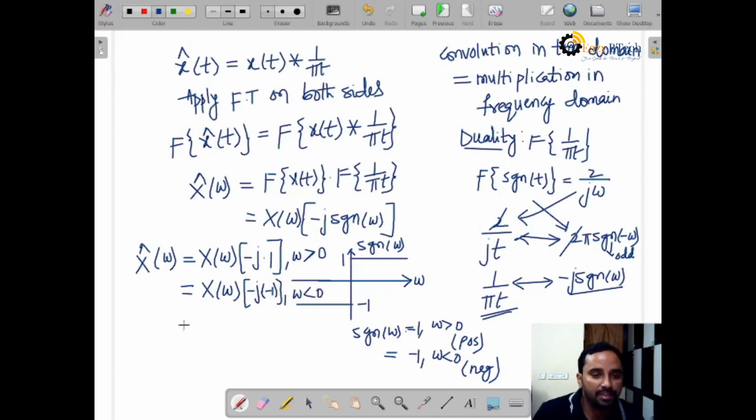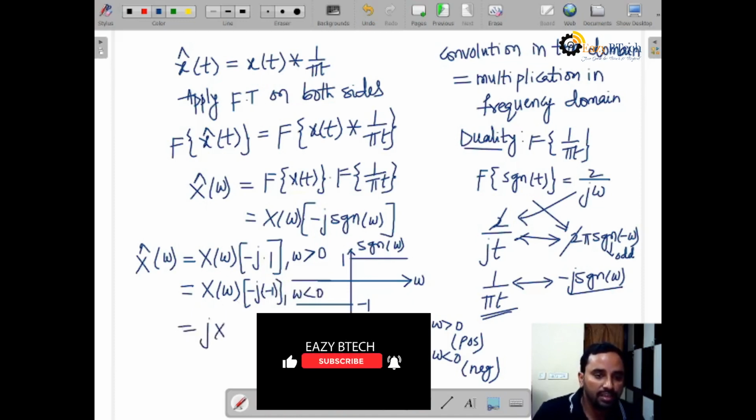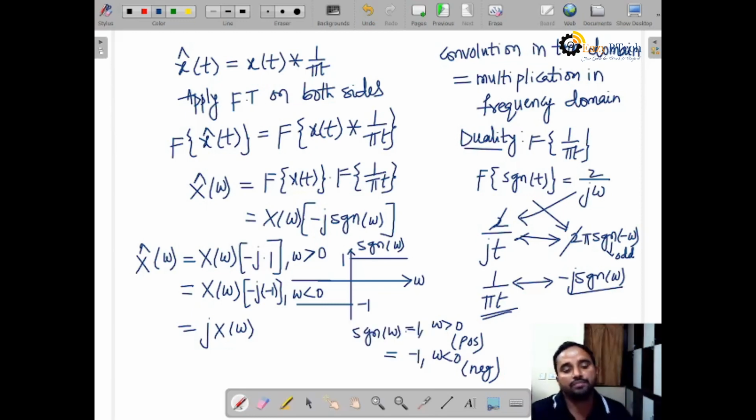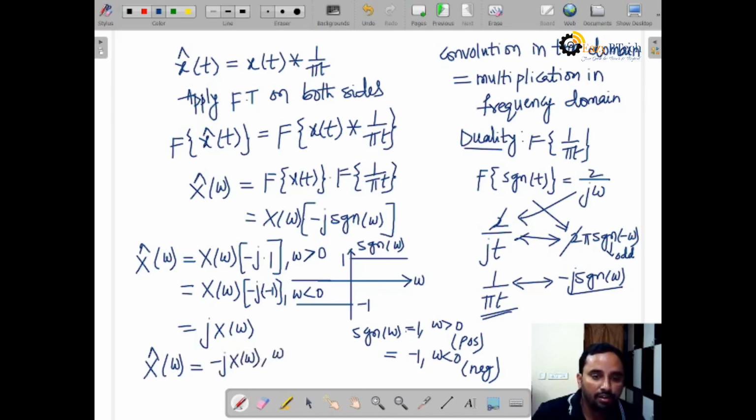So minus minus is plus, and it becomes j x of omega, and previously minus j x of omega. So finally x cap of omega is equal to minus j x of omega when frequency is positive, and plus j x of omega when frequency is negative.